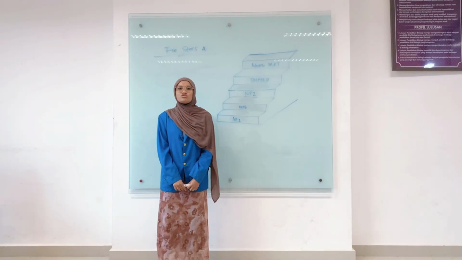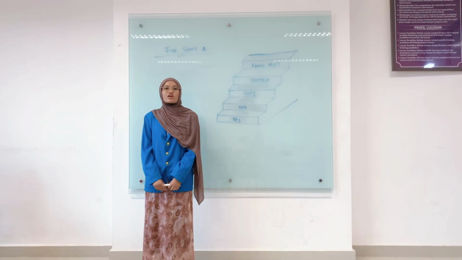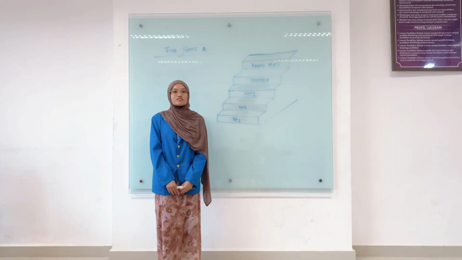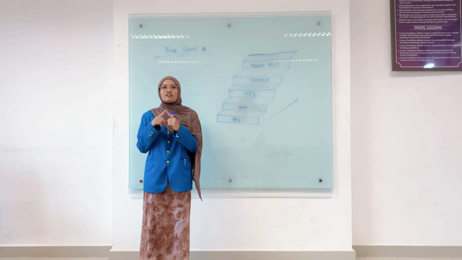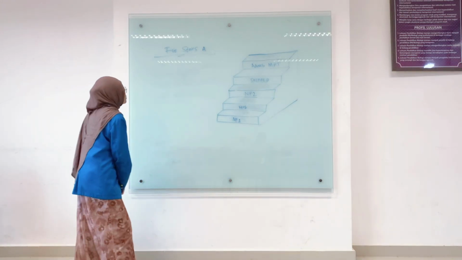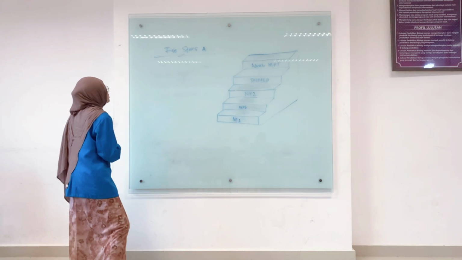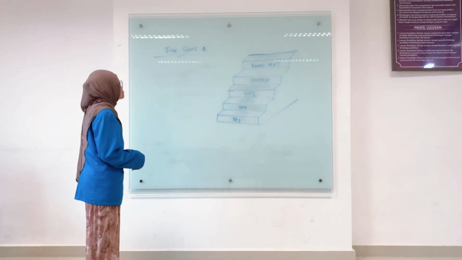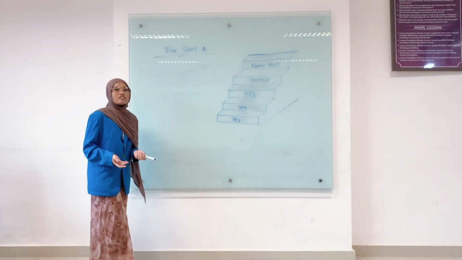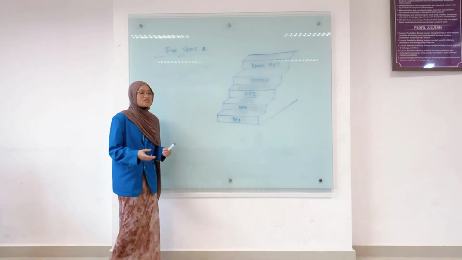Alright, before we go to sentence transformation, I will explain the basic concept of Stepping the 5 Stairs A, B, and C. So first, Stepping 5 Stairs A is used to construct full verb sentences.